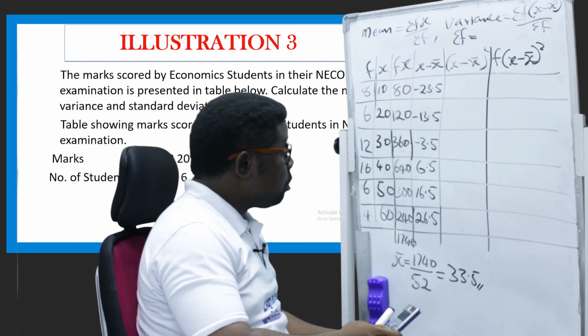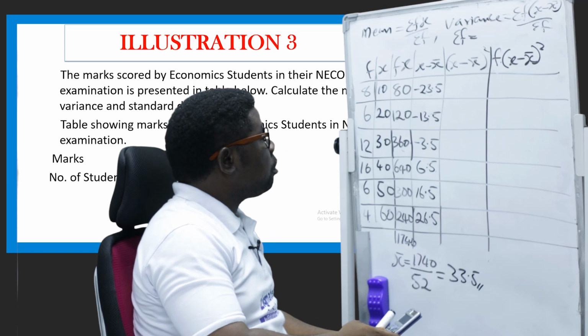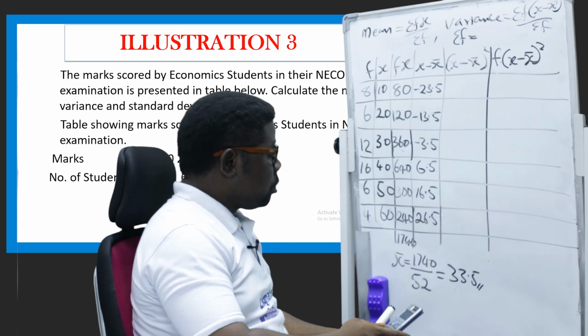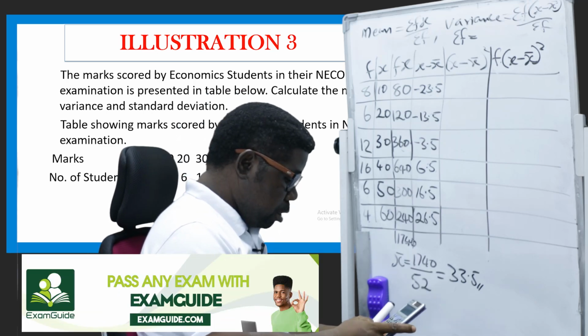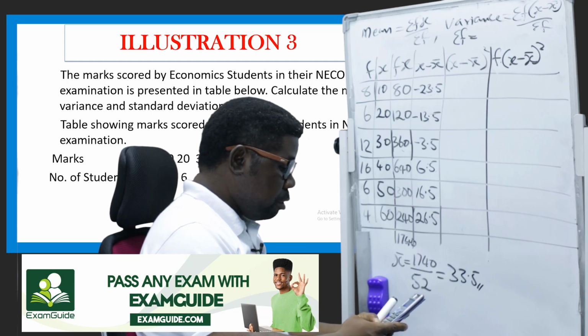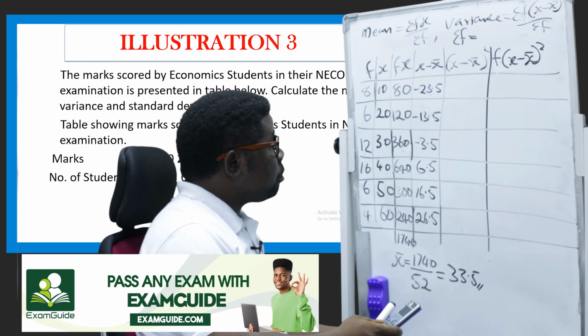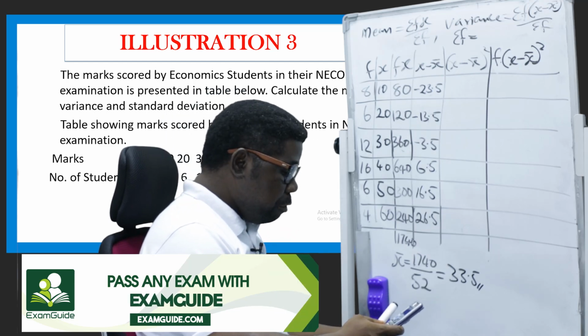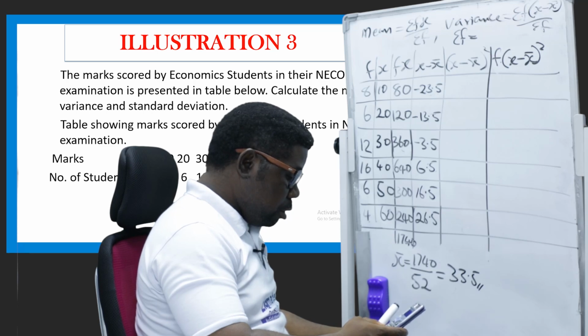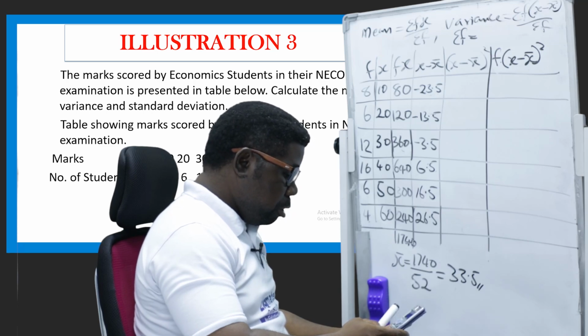So we do 23.5. 10 minus 33.5 gives us minus 23.5. So we're going to do 23.5 times 23.5.